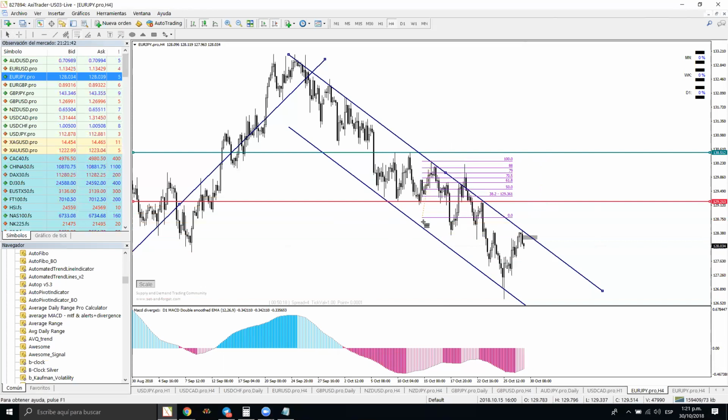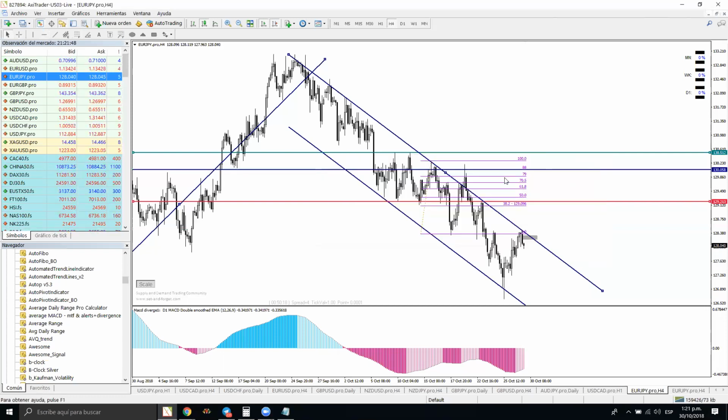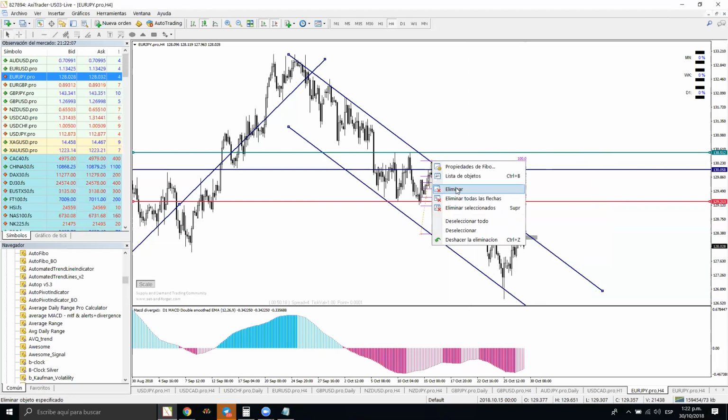We took our Fibonacci tool from the momentum, 88.1. Here is our entry, and our stop loss above the resistance. And we could trade all this. This is one of the harder parts because the market was in range. Let's look at another example.